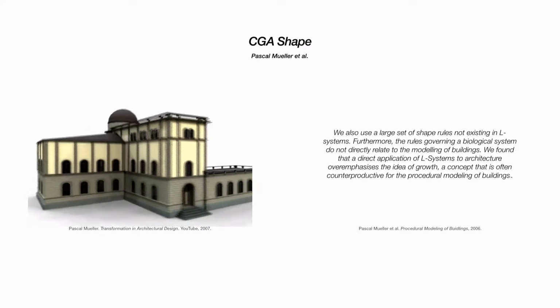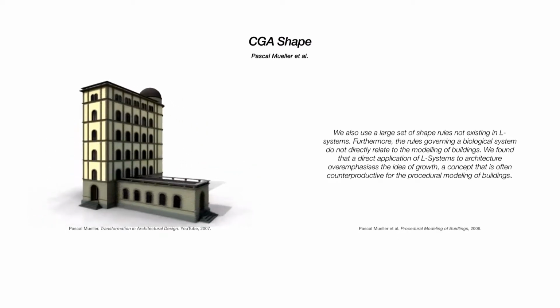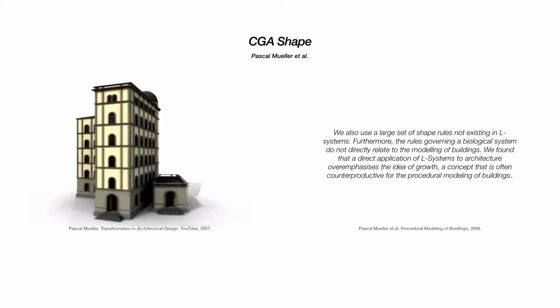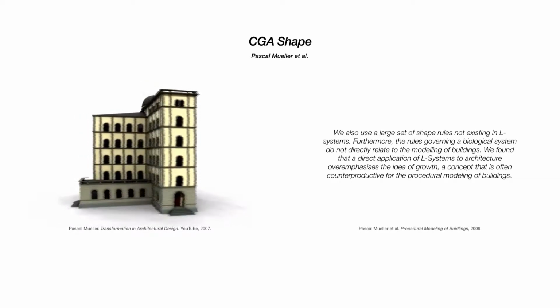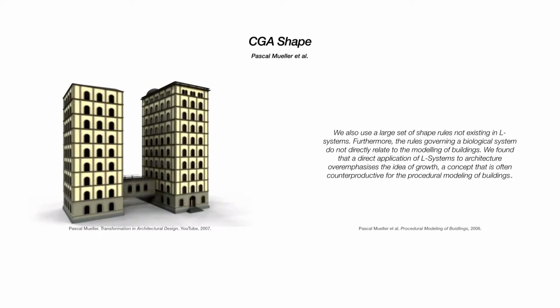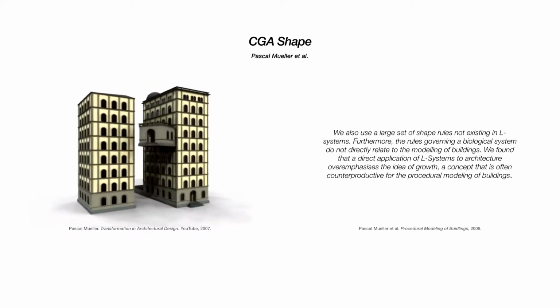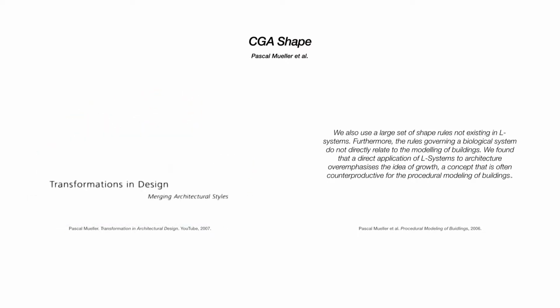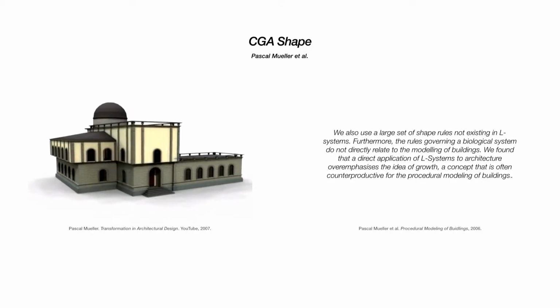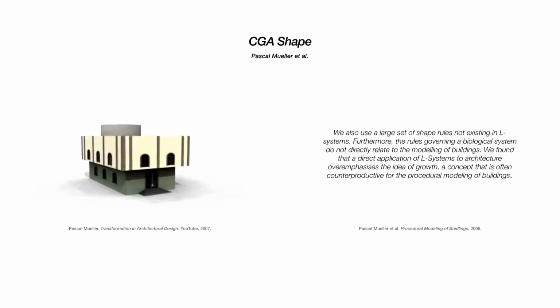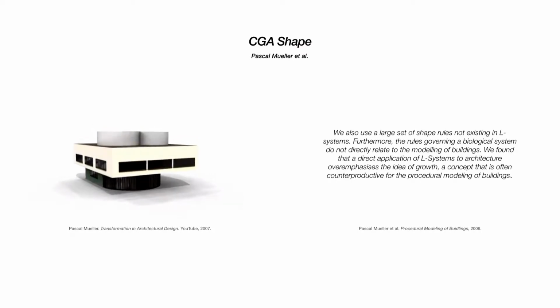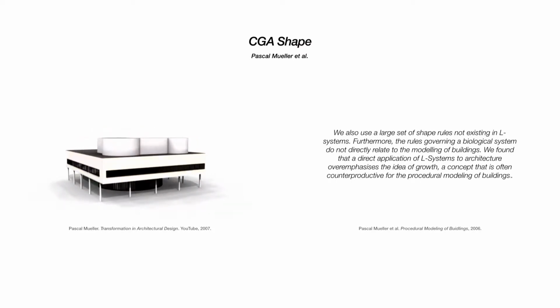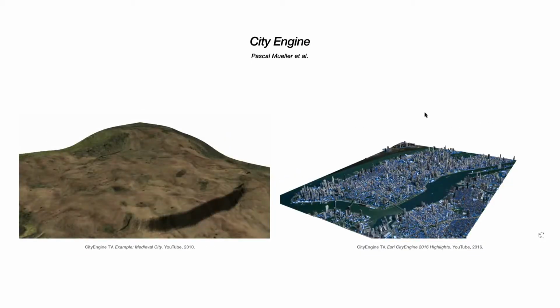They say, we also use a large set of shape rules not existing in L-systems. Furthermore, the rules governing a biological system do not directly relate to the modeling of buildings. We found that a direct application of L-systems to architecture overemphasizes the idea of growth, a concept that is often counterproductive for the procedural modeling of buildings. So it's still within this idea of grammars, but abandons the idea of growth.